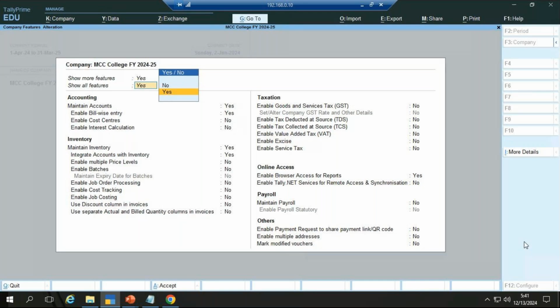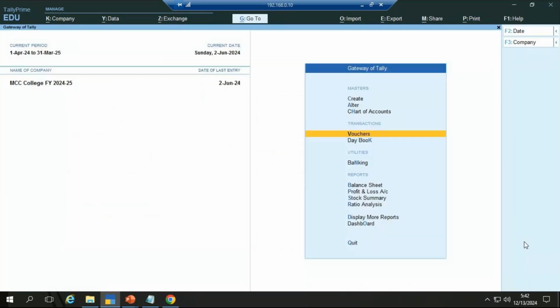No, show all features. Show more features it has, ma'am. Yes, click on that. Yes, make that yes. Yeah, ma'am. I got it, ma'am. Make that no and save it. Ma'am, for show all features also do we have to click yes or no?